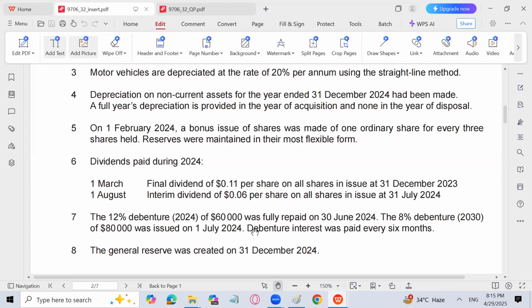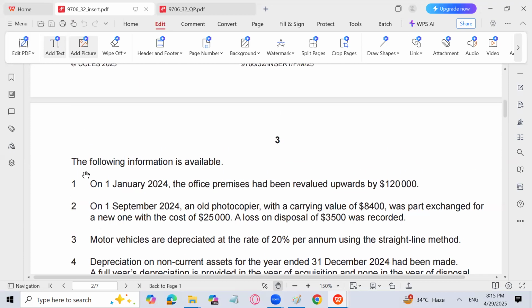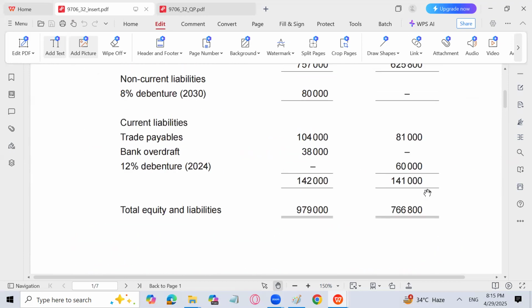12% debenture of 60,000 was fully repaid on 30th June 2024. It means that we have used this debenture for 6 months and then it is repaid. And after 6 months, we have issued more debenture of 80,000 at the rate of 8%.